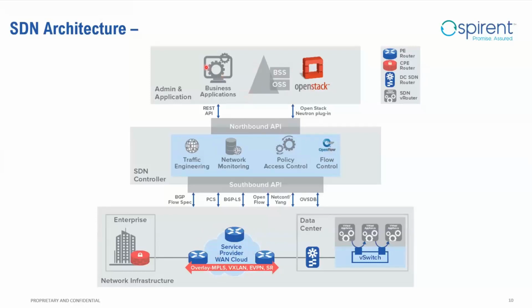And the northbound is where it gets integrated into the cloud. OpenStack, which you're seeing here, means it is integrating with the NFV. So there's an ML2 plugin on OpenStack. That's where the SDN gets integrated. And also it can give access to the customer or the administrator to configure the SDN controller.